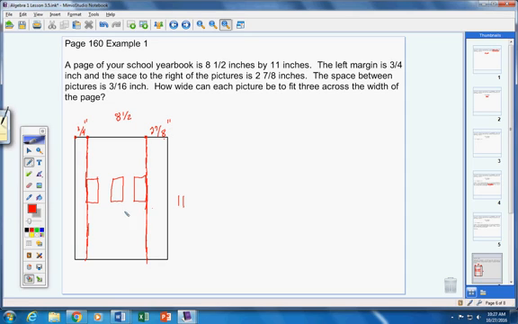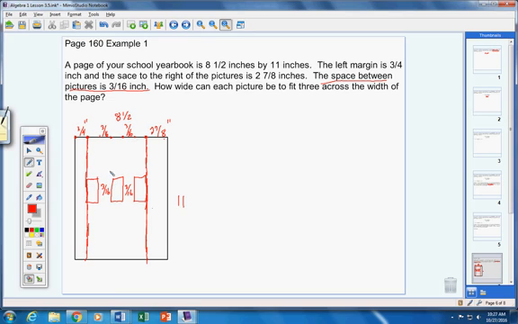And here's your pictures. So we know right here has to be what? Do you remember? What does it say? The space between each picture is 3/16 of an inch. Okay? So that means from here to here is 3/16 of an inch. And from here to here is 3/16 of an inch.